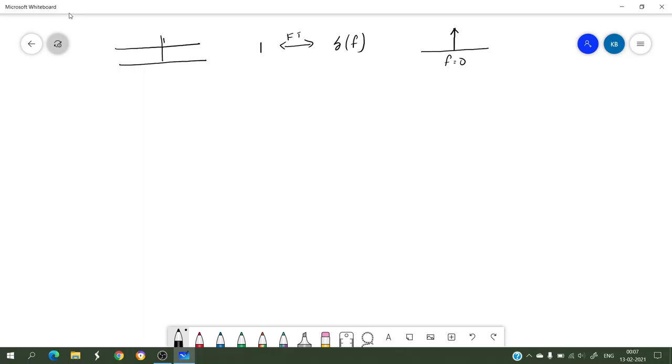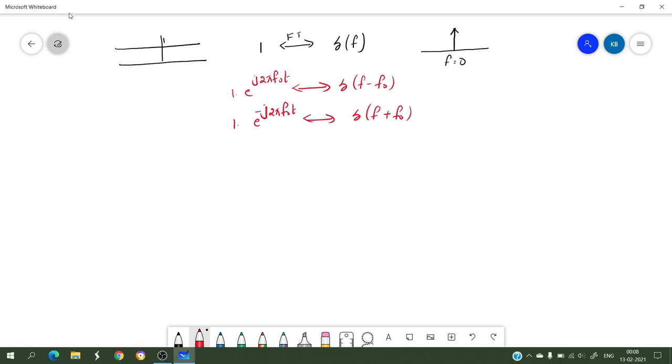Now, if we multiply this with e power j 2 pi f naught t, then the Fourier transform is delta of f minus f naught. Similarly, when this is multiplied with e power minus j 2 pi f naught t, the Fourier transform is delta of f plus f naught.